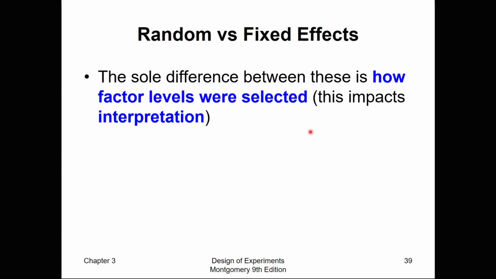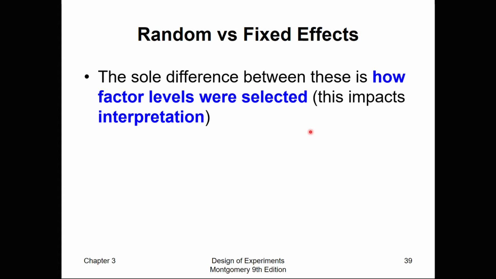And so this is a really good thing. What changes is the interpretation, because you didn't intentionally pick the factor levels. You randomly selected them. This is how your design changes your interpretation.